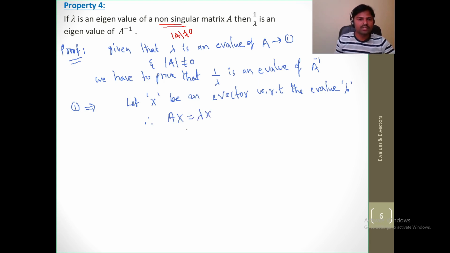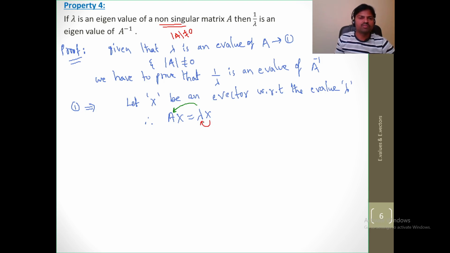So here, lambda is an eigenvalue of matrix A and x is an eigenvector of lambda.